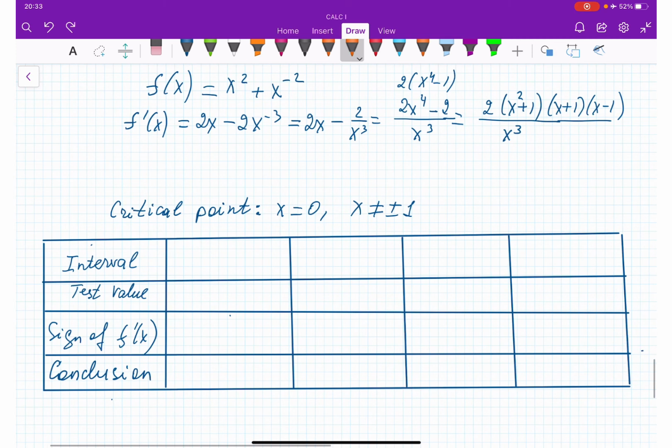So we have negative infinity to negative 1, and then negative 1 and 0, and then 0 and positive 1, and then 1 and infinity.